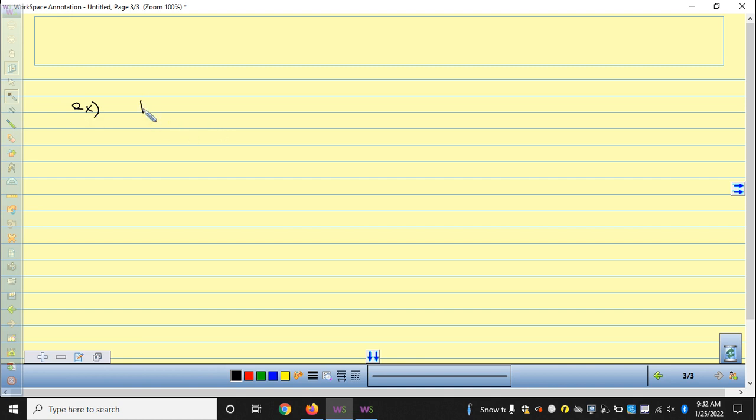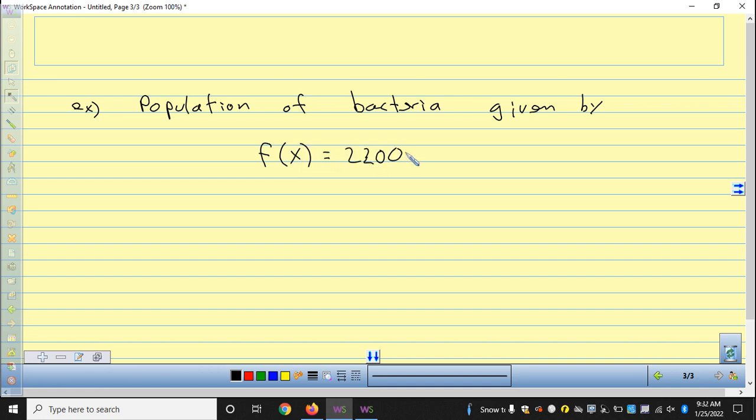So let's say we have a population of, in a biology lab, you look at bacteria in a petri dish. We have a population of bacteria, and it's given by this exponential function, f of x, that's the population, is 2,200 times 2 to the x, where x equals the number of hours.